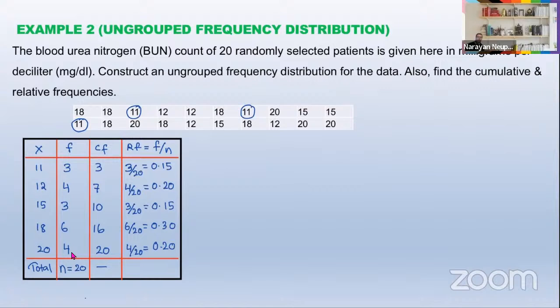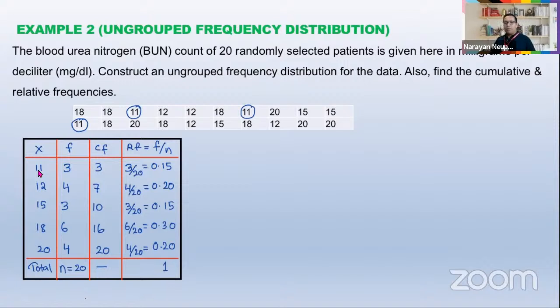Now you'll see something. If you add all those relative frequencies, please add and check what you'll get. 1. That is right. Now this relative frequency has a special meaning. For example, the first one has a relative frequency of 0.15. The meaning of that is 15% of the given data is 11.